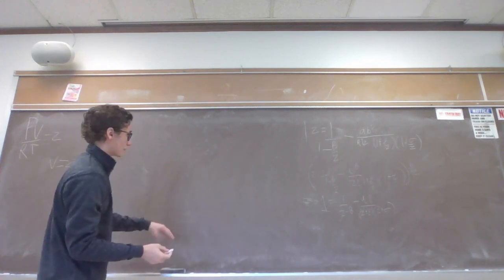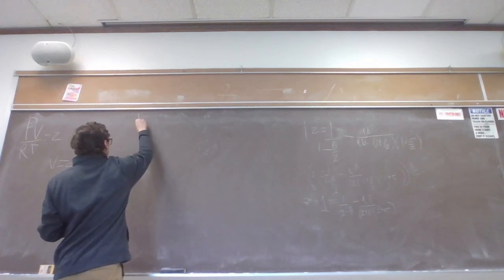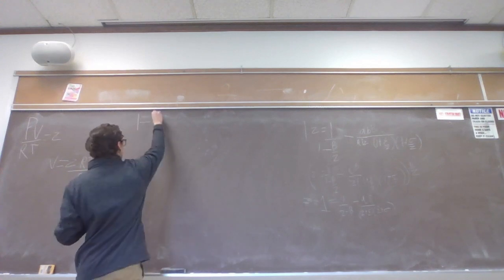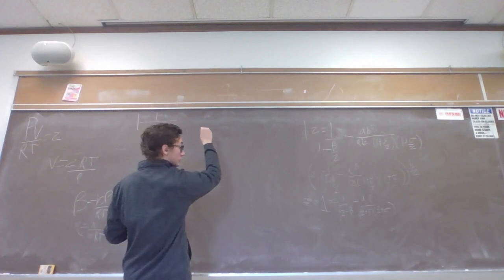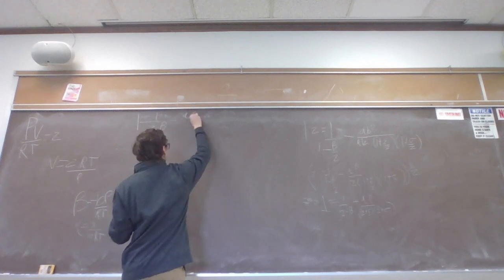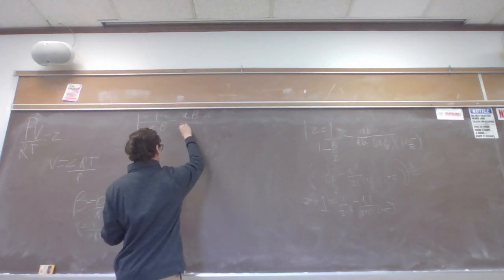So here, I'll rewrite that real quick. We have 1 equals 1 over Z minus beta, minus Q times beta over Z plus epsilon and Z plus sigma.